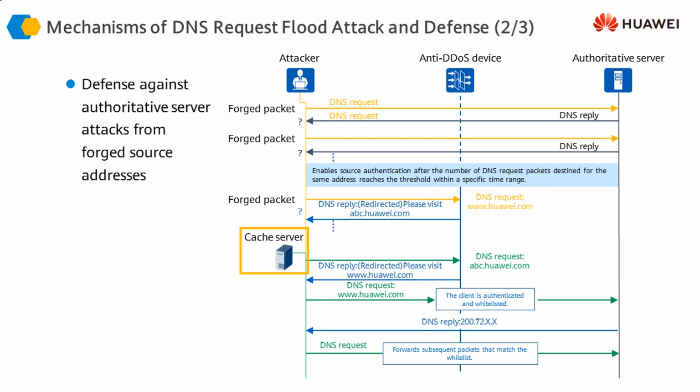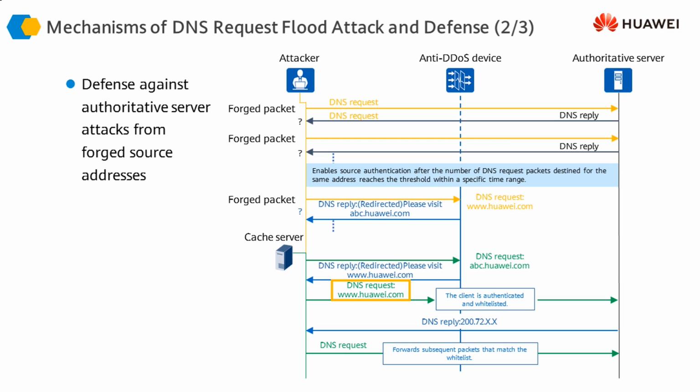However, if it's a real cache server which is sending the request to the authoritative server, it is going to send a new request with abc.huawei.com. As soon as the firewall sees that the redirect request with abc.huawei.com has come, it is going to issue another redirect request, and it is going to say once again to please visit www.huawei.com, which was the original request.